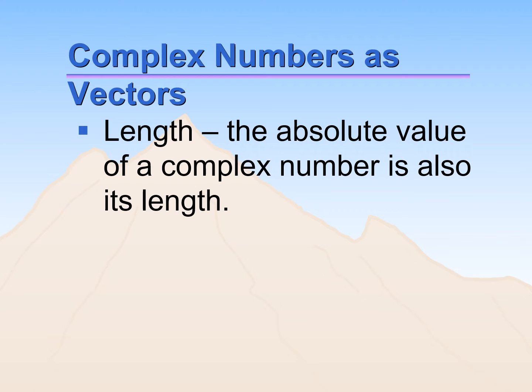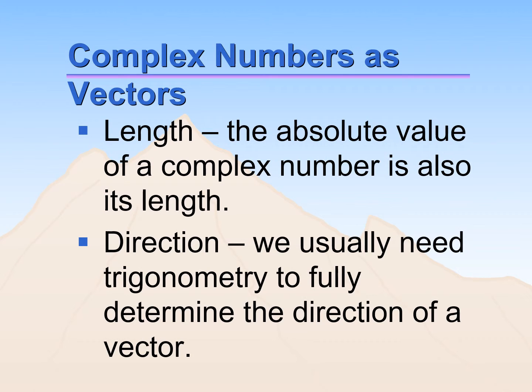So we're going to be taking absolute values again of our complex numbers to find the length of the vectors. And then the other important characteristic of a vector is direction. And direction is usually determined by trigonometry. And that will help you find the direction of a vector.